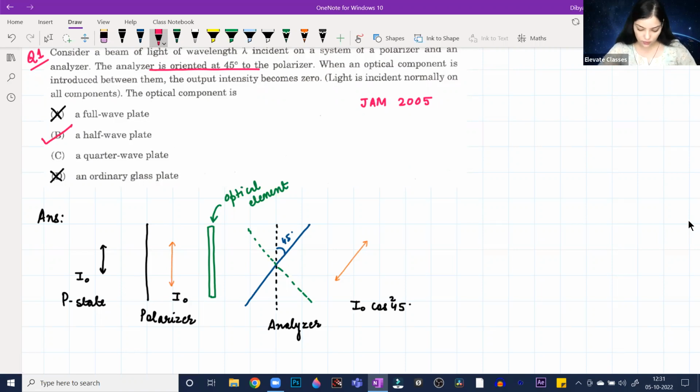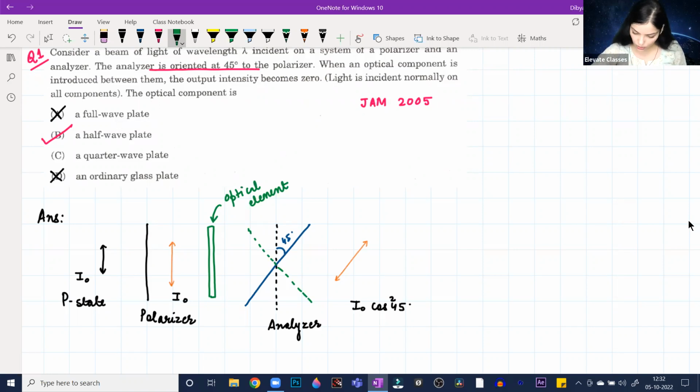What would happen if I put a quarter wave plate? A quarter wave plate would end up producing some kind of elliptical light, depending on the angle at which I orient it. So here, what I need to do is rotate my half wave plate so that its optic axis is oriented in this way with respect to the orange light.